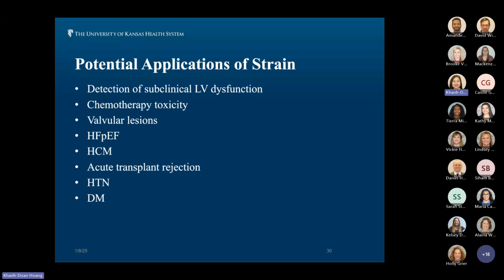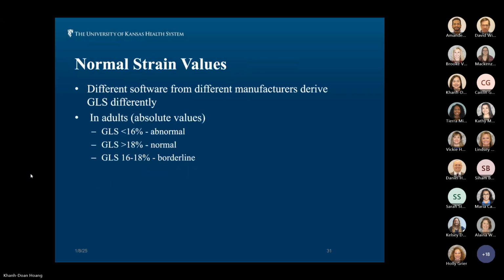So it's good for these types of scenarios. And in most progressive myocardial diseases, your longitudinal strain is going to decrease early on, but your ejection fraction is going to remain normal. And this is because your circumferential and radial functions tend to augment and compensate in order to maintain stroke volume for as long as it can.